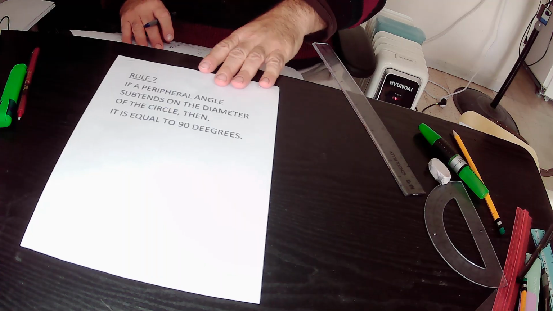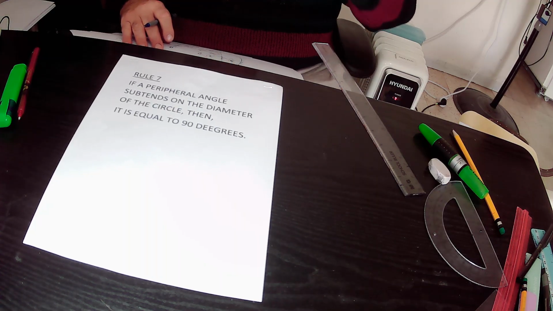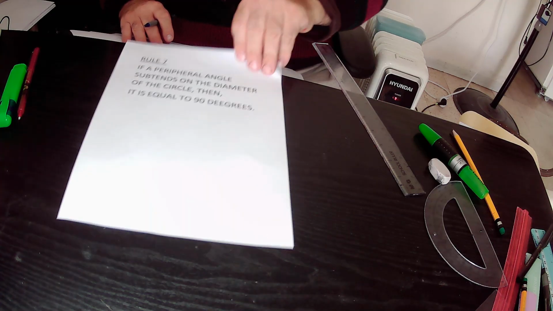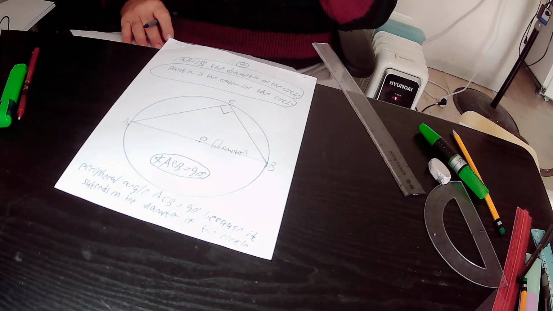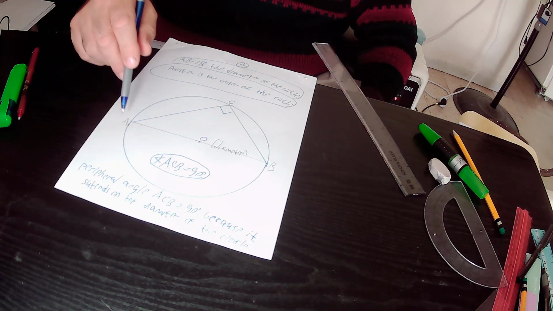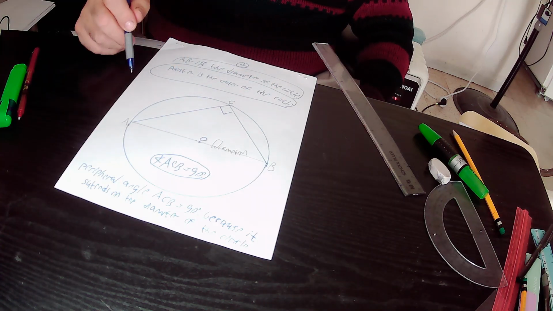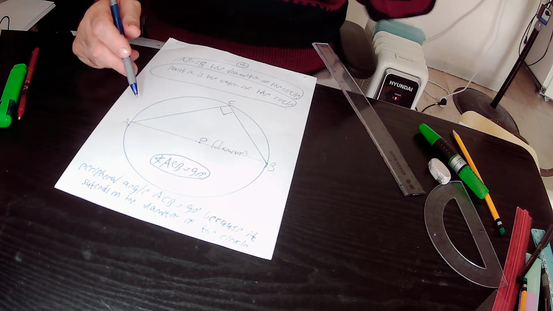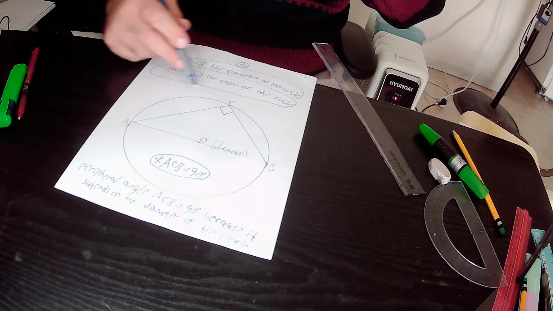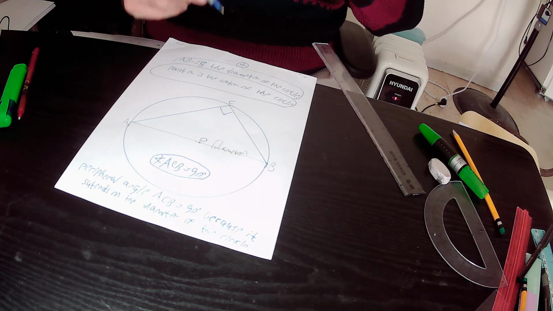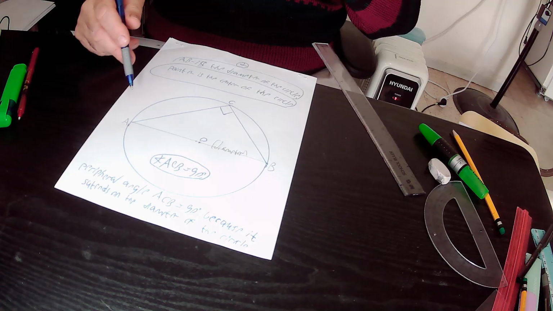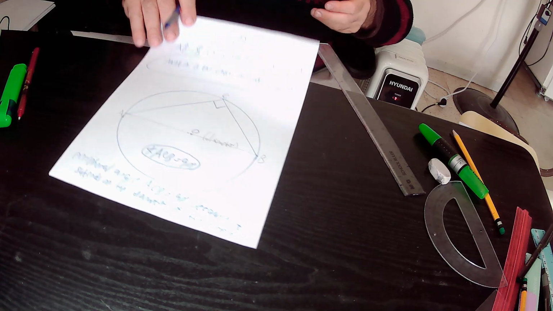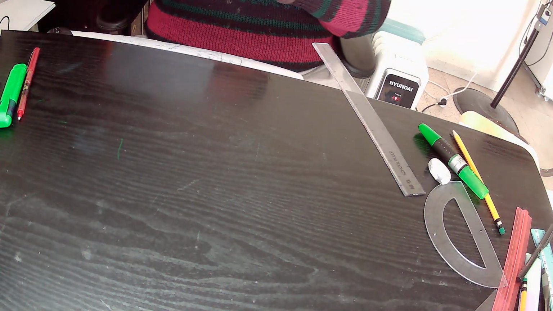According to rule 7, if a peripheral angle subtends on the diameter of the circle, then it is equal to 90 degrees in size. In the drawing, we have a circle. This is peripheral angle ACB that subtends on chord AB, that is the diameter of the circle. Therefore, according to rule 7, peripheral angle ACB must be equal to 90 degrees in size. So according to rule 7, any peripheral angle that subtends on the diameter of the circle must be equal to 90 degrees in size. So we can implement rule 7 in our drawing.